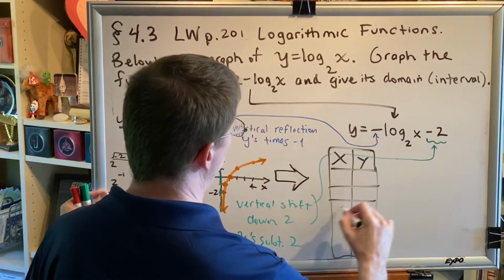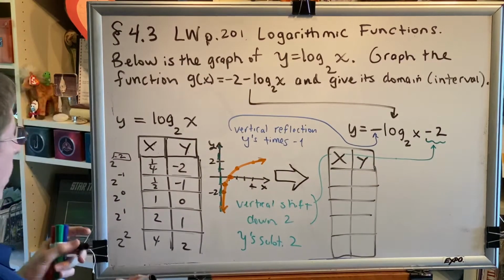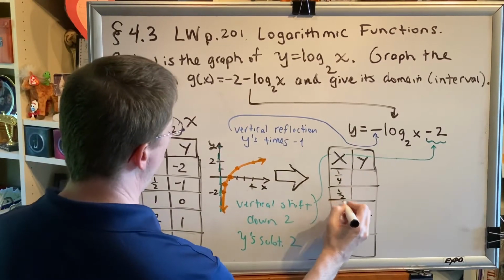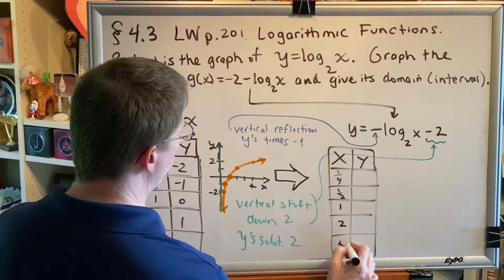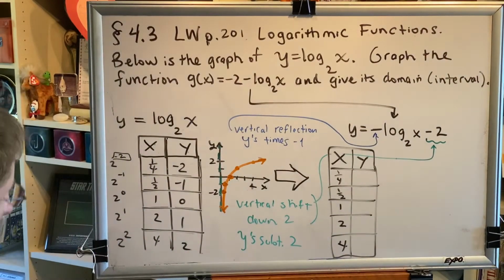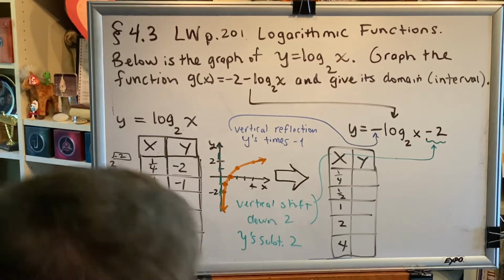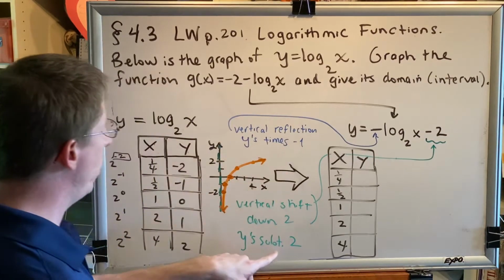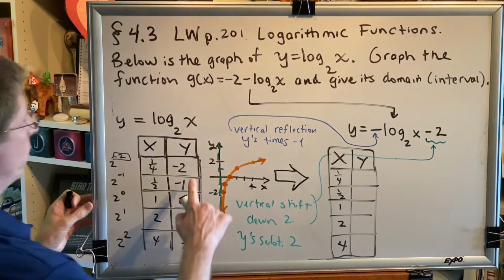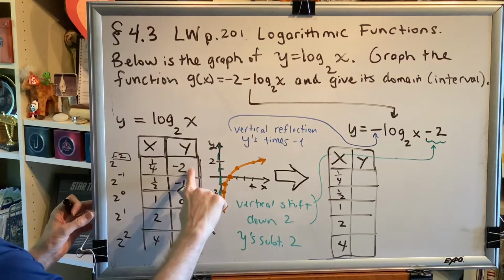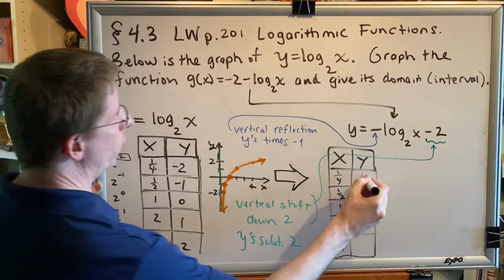So 1, 2, 3, 4, 5 rows. Okay, the x's do not change, so there's still going to be 1/4, 1/2, 1, 2, and 4. But the y's are all going to change, and the way they're going to change is they get multiplied by -1 and then subtract 2. So change the sign and subtract 2. So this would be a positive 2 minus 2, which is 0.